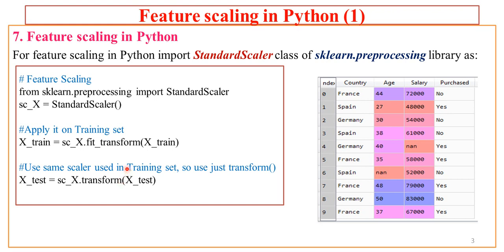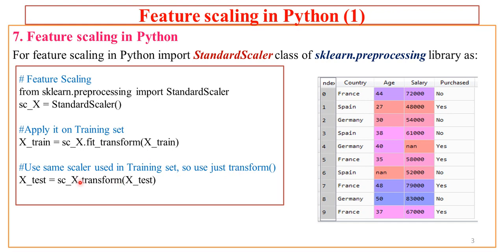What we want is that whatever values we calculated using StandardScaler on the training set, say mean and standard deviation, with the same mean and standard deviation we want to apply the scaling on the test. So that's why we call only the transform method. So this is the difference between the fit_transform and transform methods. To use the same scaler as used in the training set, we need to call just the transform method.